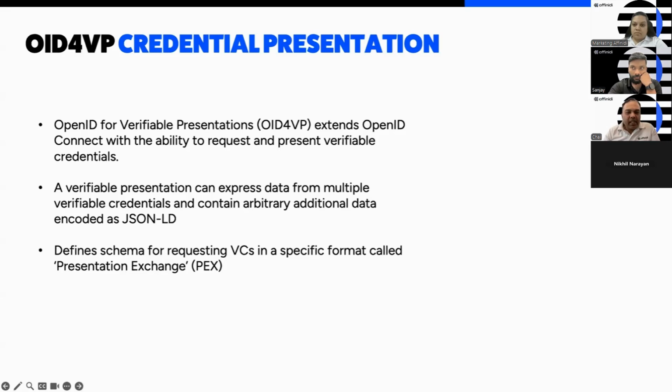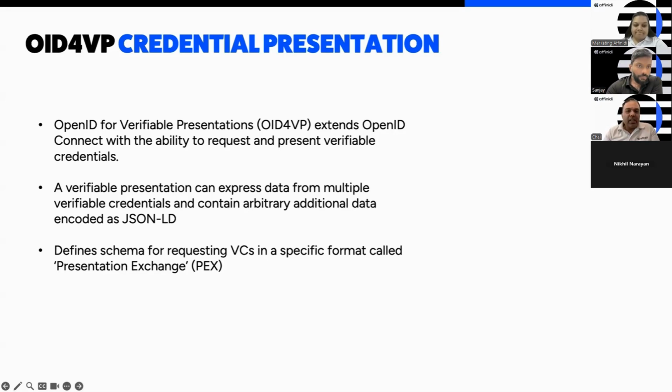Basically it is a wrapper on top of your verifiable credential, because a verifiable credential at the end of the day is only a storage model. At the time of sharing, the holder, the user, would still need to sign it and send it for verification. The verifier should be able to verify that this data is actually coming from the holder, right?